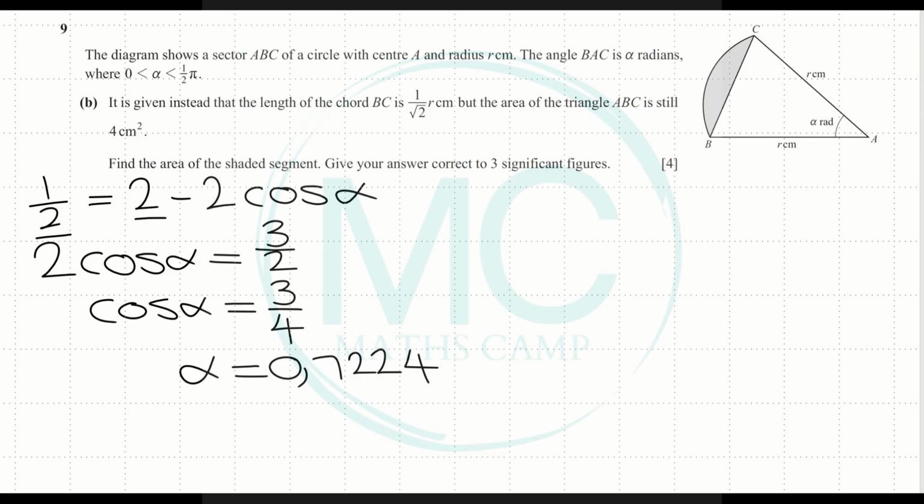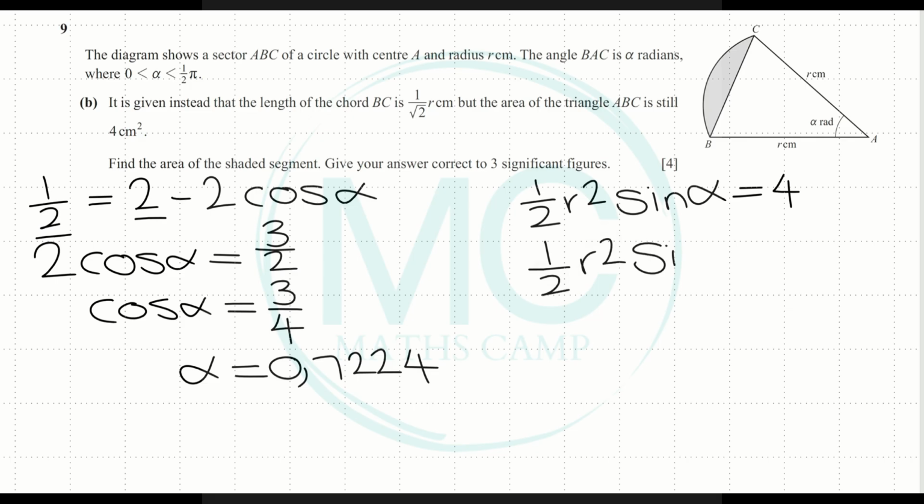Now that we've got alpha, we can find the new value of r. And we can use the equation for the area of a triangle. 1 over 2 r squared sine alpha, which is still equal to 4. Now I can say 1 over 2 r squared sine, instead of alpha, 0,7224, and this is equal to 4.